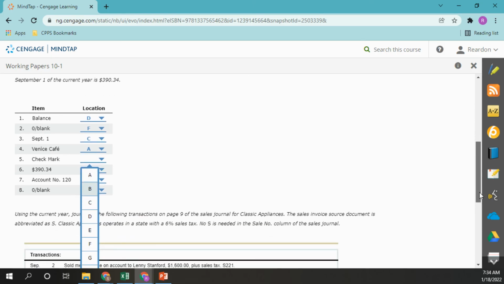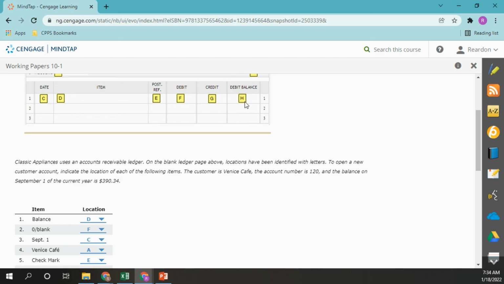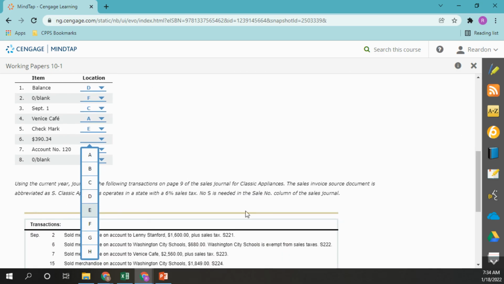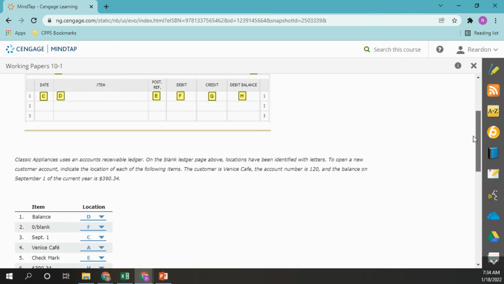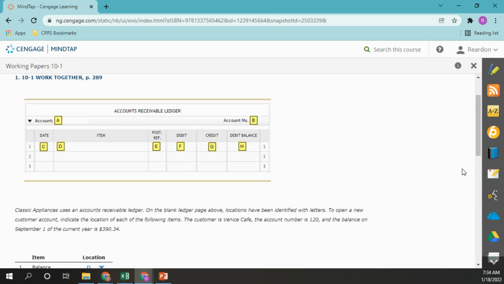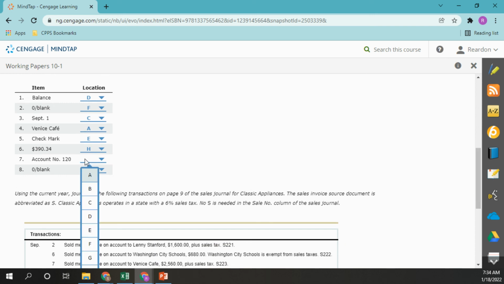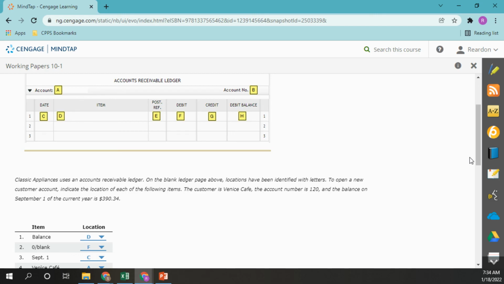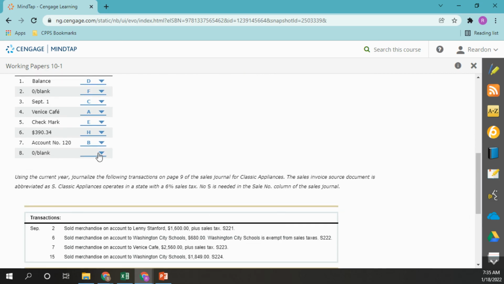I'm just recording a beginning balance based on some history. The actual dollar balance is over here in my debit balance, H. Account number 120 is going to go in B. And my second blank item would be the credit column. There'd be nothing in the debit or credit column to start out with. A, B, C, D, E, F, G, H.